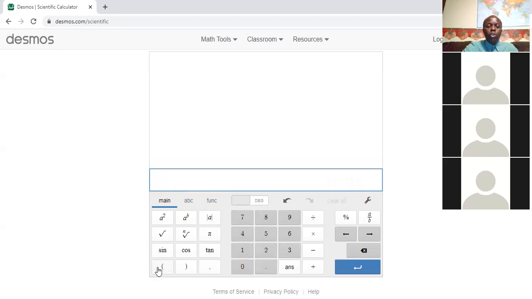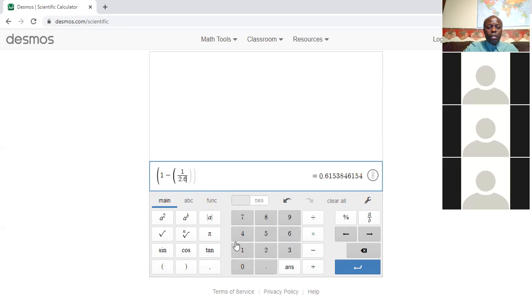Put parentheses, so your work follows order of operations. So 1 minus, for the 1 over K part, put it in parentheses, 1 divided by K squared. Our K is 2.6, so 2.6 squared. Can you see that? Yes. Then close the parentheses.